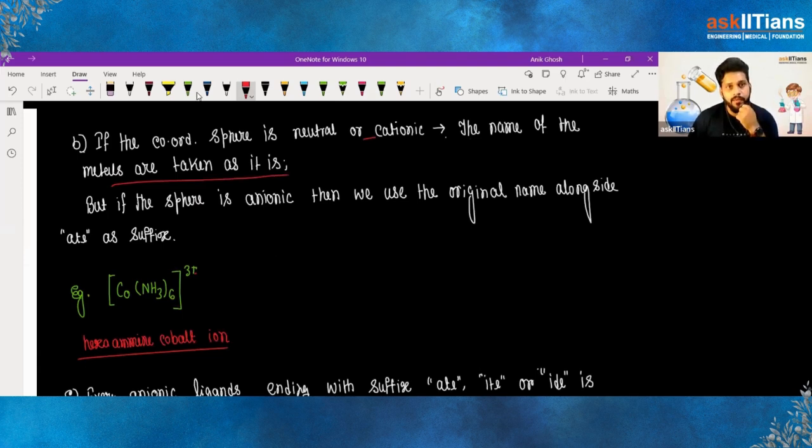But let's say I'm giving you another example: Fe(CN)6 3-. What are we going to call this compound? Hexa. Now CN is cyanide, in this chapter cyanido.